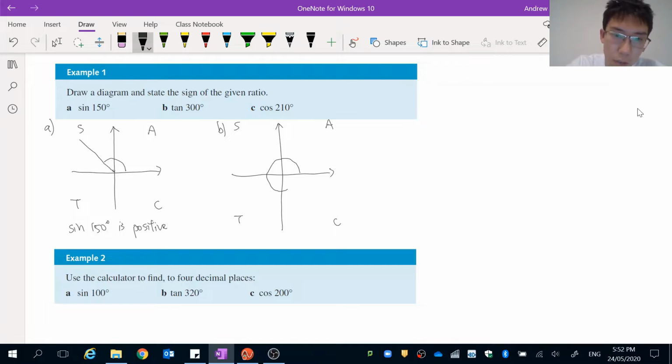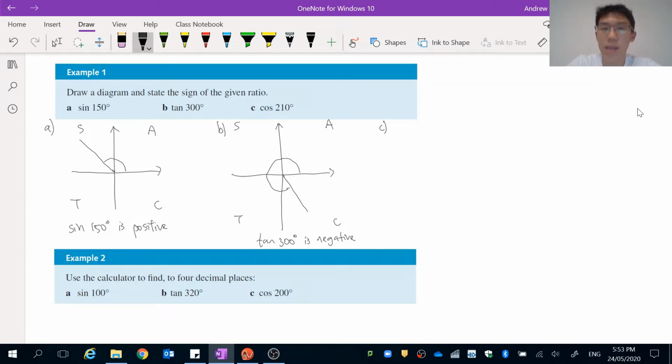So that means 300 degrees must be in the fourth quadrant here. And in this quadrant, tan is negative. So tan 300 degrees is negative. Okay, and that's that one.